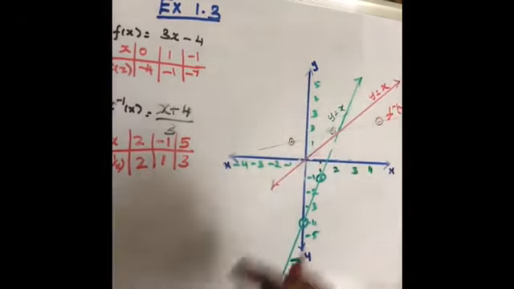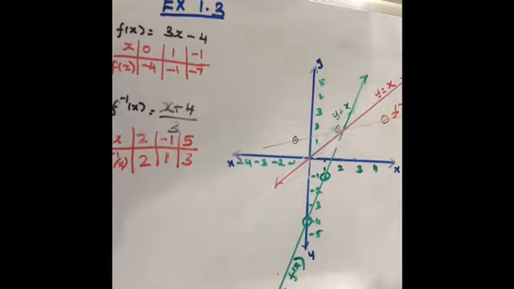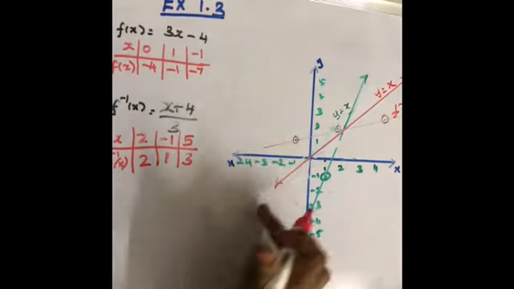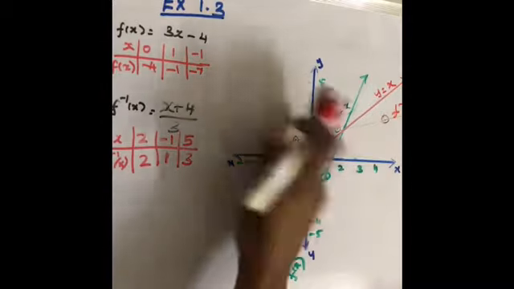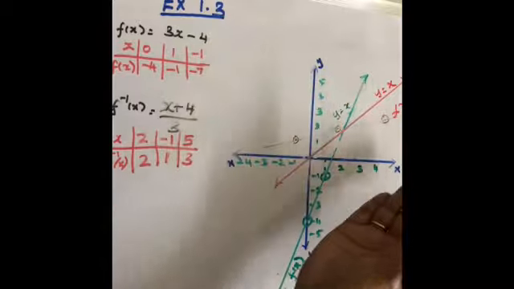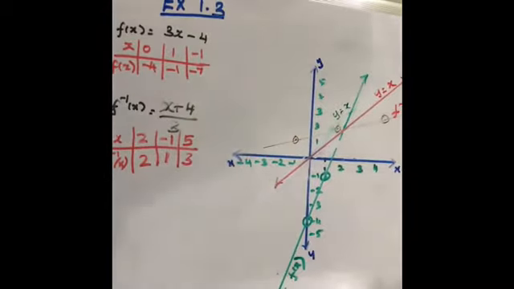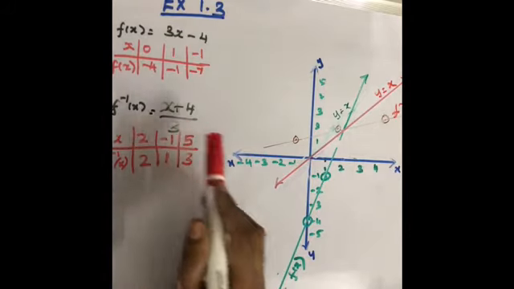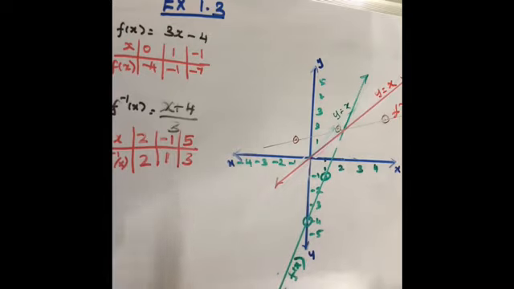y is equal to x, it goes diagonally. Okay, so now look at this line, y is equal to x divides these two lines symmetrically. The left and right sides of this line are similar. So this line is symmetrical to the two lines, two functions f of x and f inverse of x.